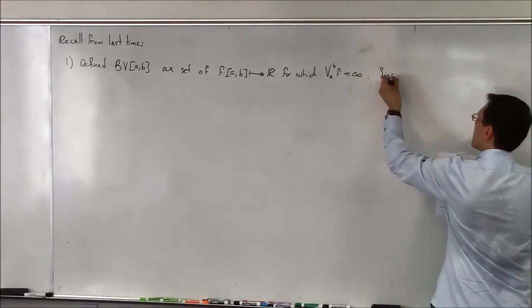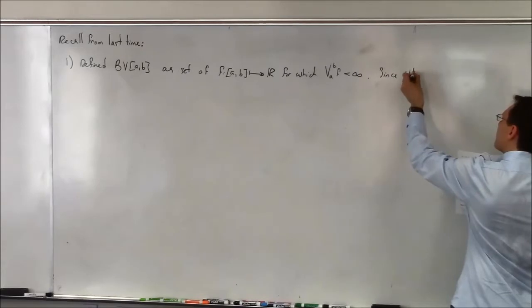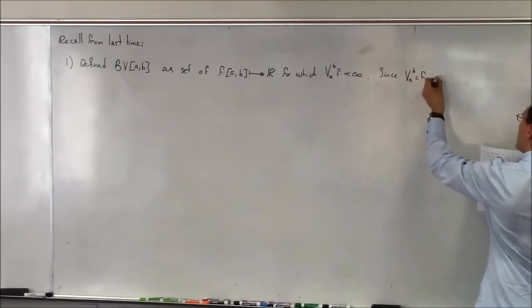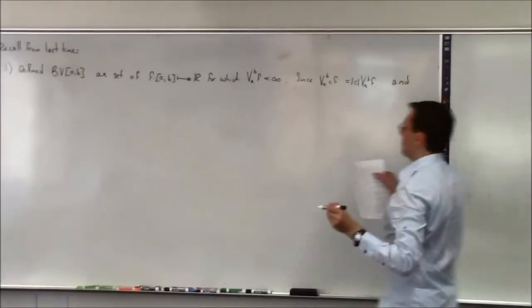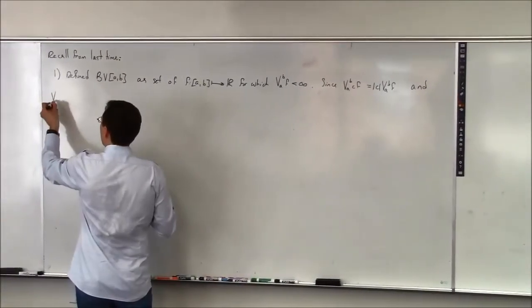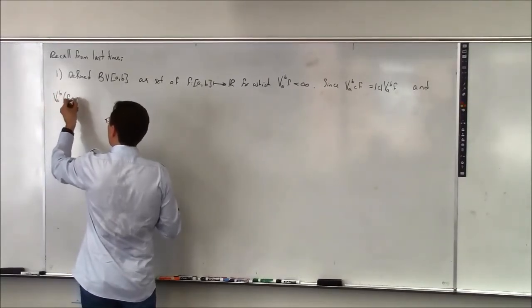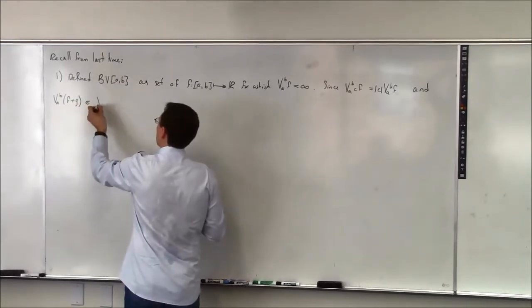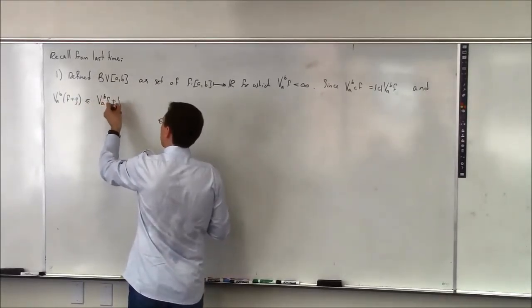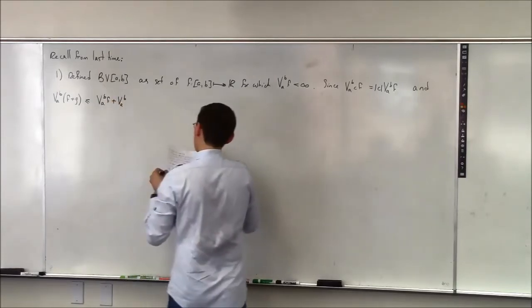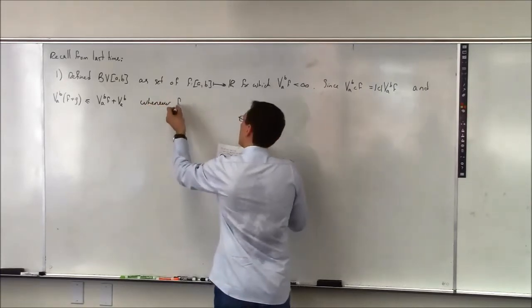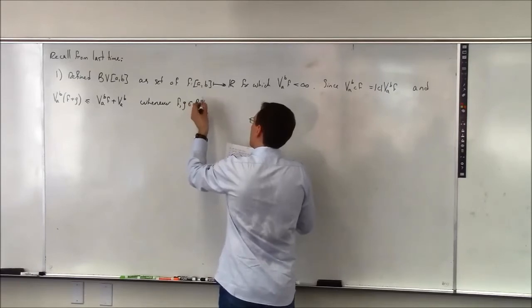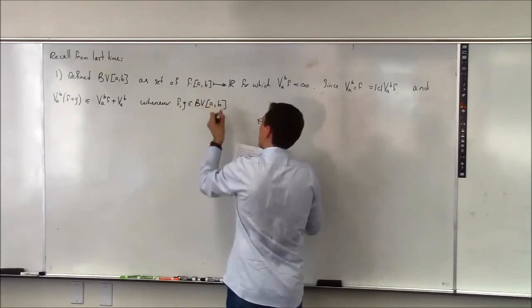And since the variation of c times f is equal to the absolute value of c times the variation of f, and we also know that the variation of a sum of two functions is always less than or equal to the sum of the variations, that happens whenever f and g belong to the BV set.